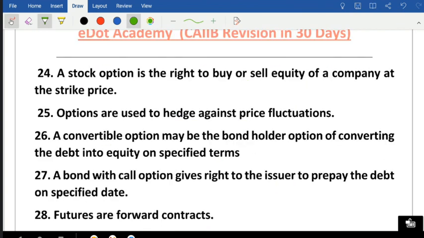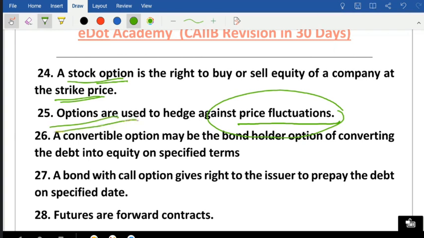A stock option is the right to buy or sell equity of a company at the strike price. Options are used to hedge against price fluctuation, so if the market price is changing, you can use this option.